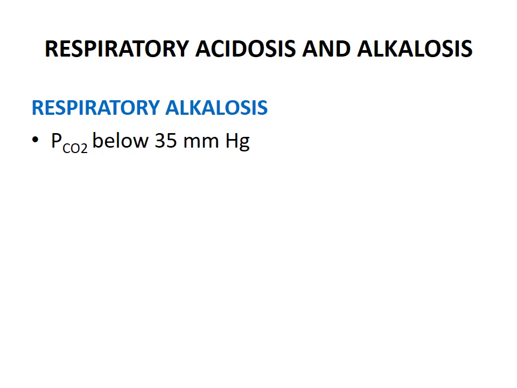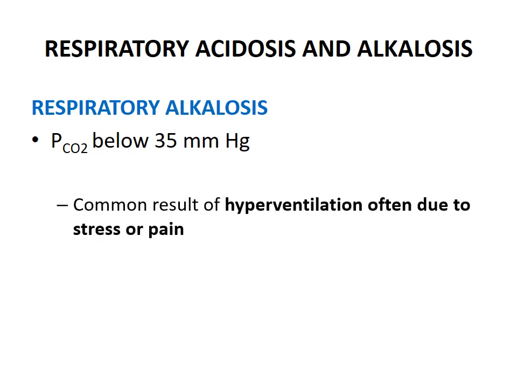Respiratory alkalosis, when the PCO2 falls below 35 millimeters of mercury. One of the common causes for this is hyperventilation. Hyperventilation is too much increase in the respiratory rate and the depth of breathing. In such cases, there is washout of carbon dioxide from the respiratory system, from the lungs.